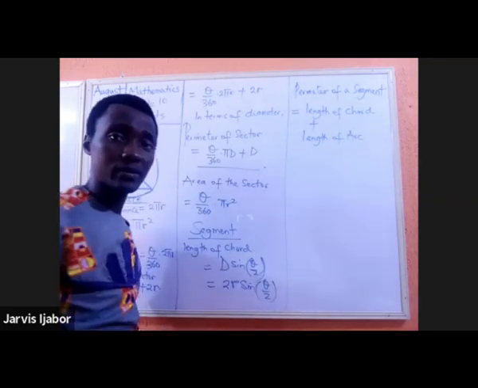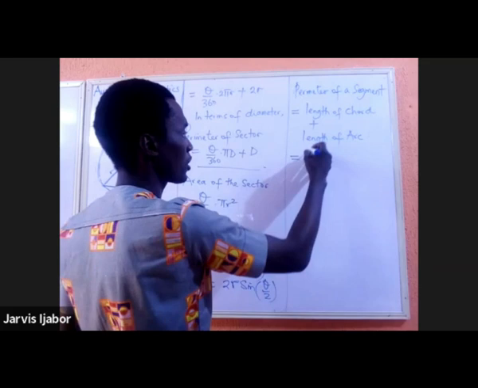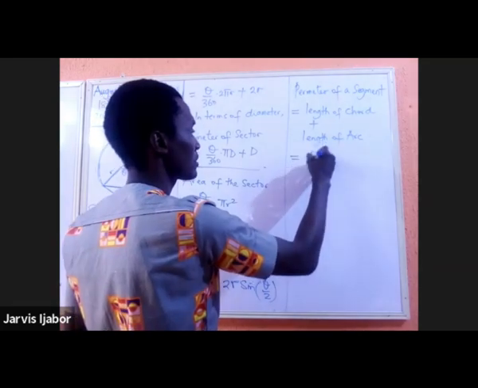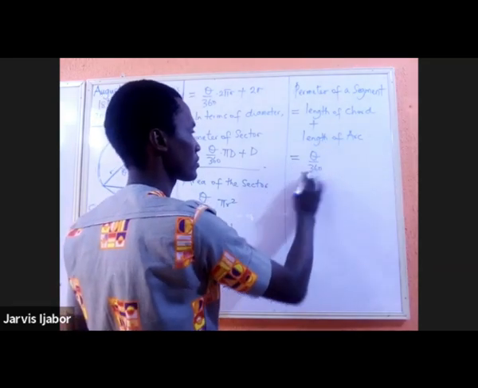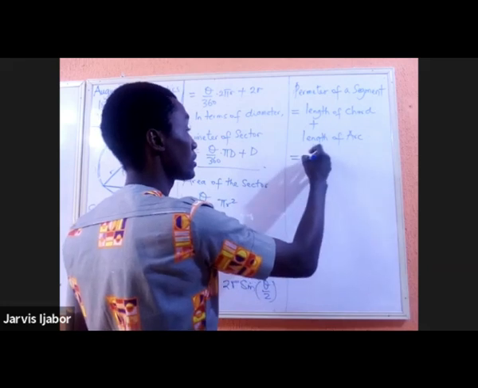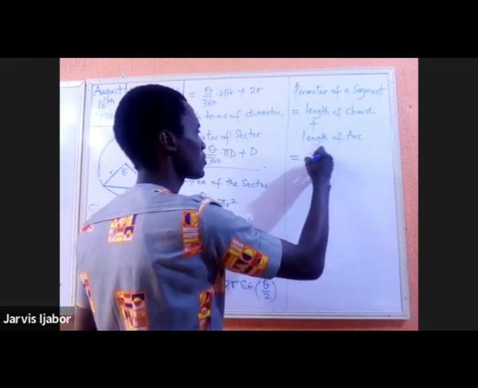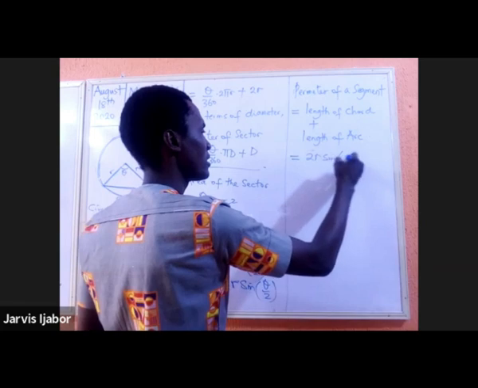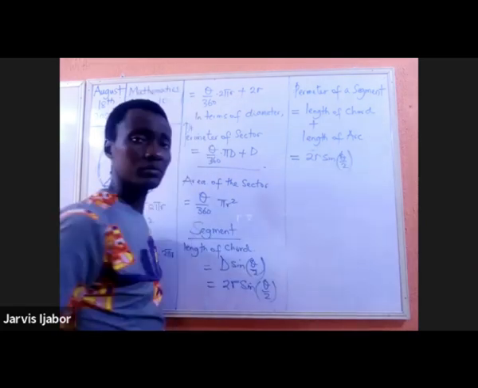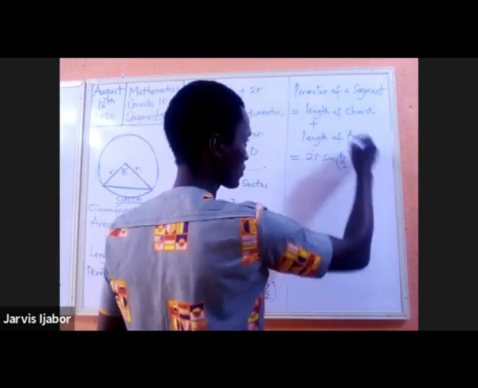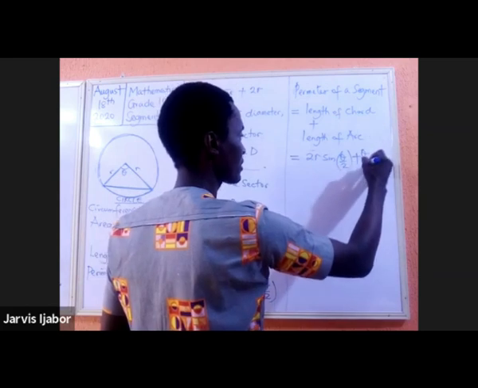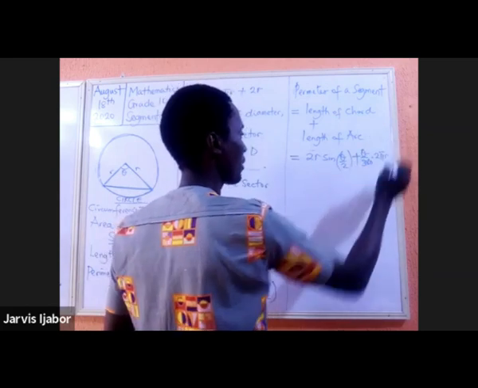All right. So this invariably becomes: length of chord is 2r sine theta over 2, plus length of arc, which is theta over 360 times 2 pi r. All right.